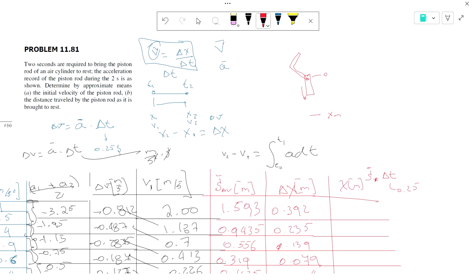If this is confusing, let's do it like this. This is the piston, and it's moving left and right.